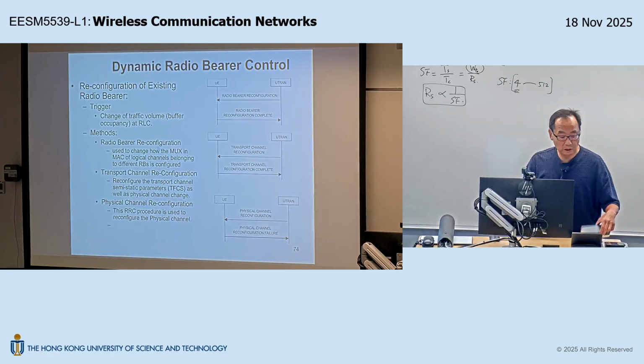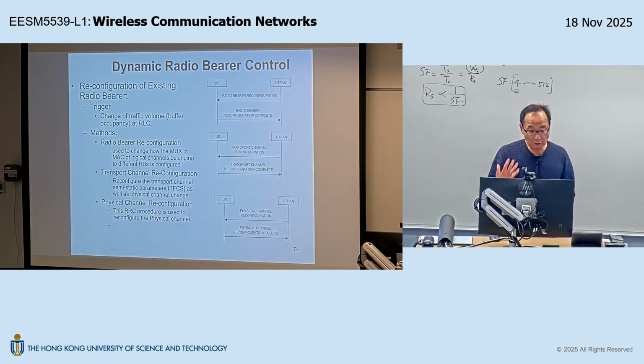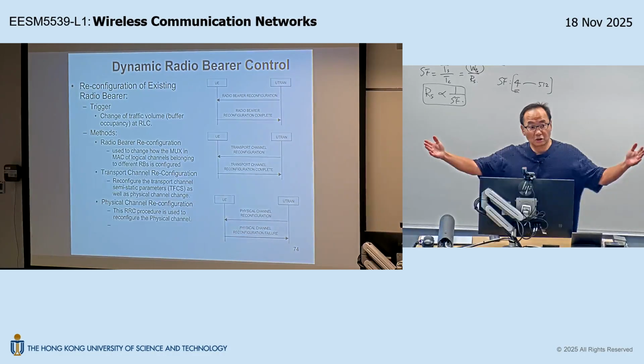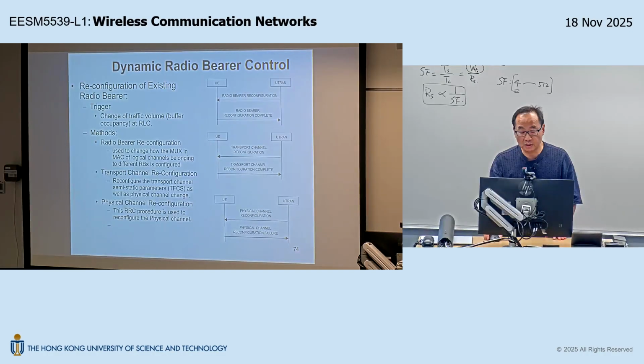You try to reconfigure how the radio bearers are multiplexed into the transport channel. The second strategy is transport channel reconfiguration. The third strategy is to reconfigure the physical channel. Okay? The physical channel refers to the spreading code channel that we talk about in CDMA.